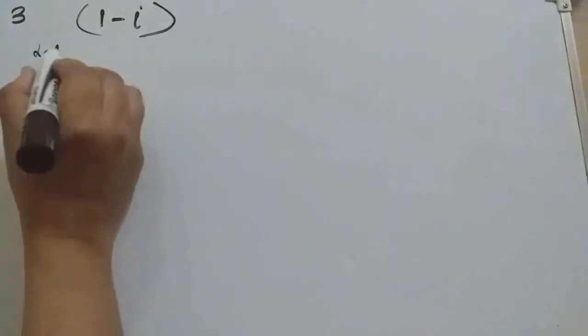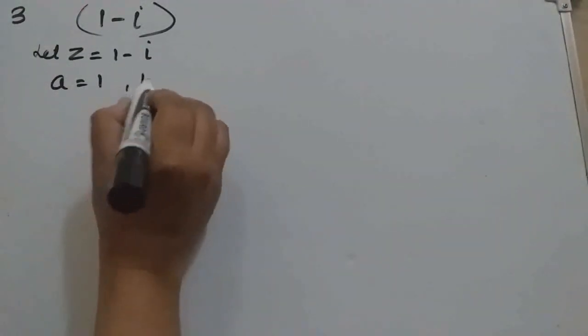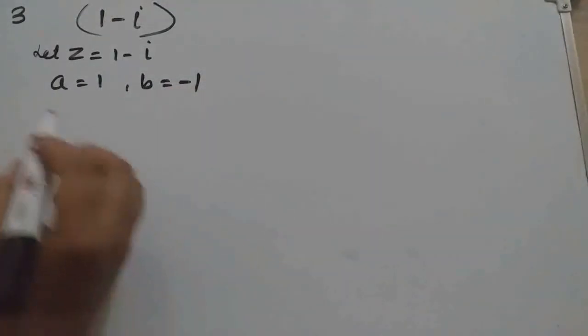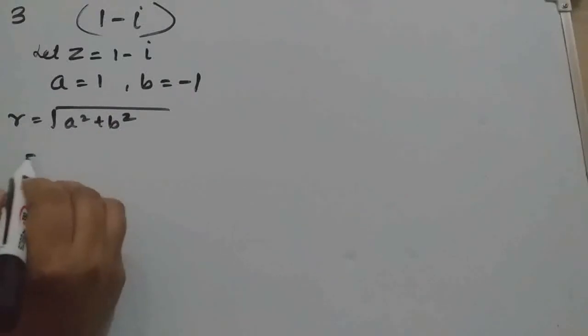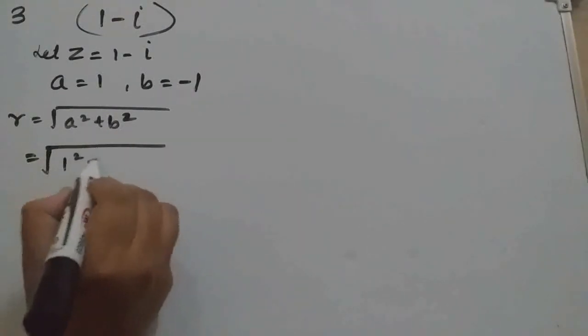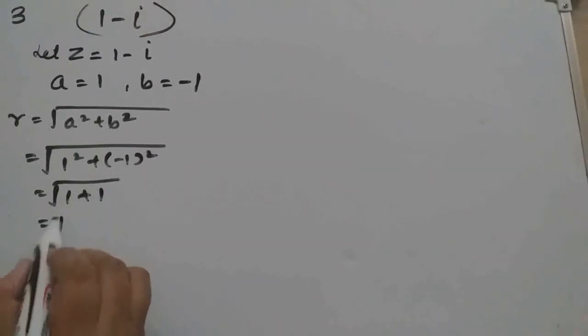Question number 3. Now we have to write each complex number in polar form, that means r theta form. So from this, let z is equal to 1 minus i, a is 1 and b is -1. So the r value we should find. So root of 1 square plus 1 square, 1 plus 1, that is root 2.